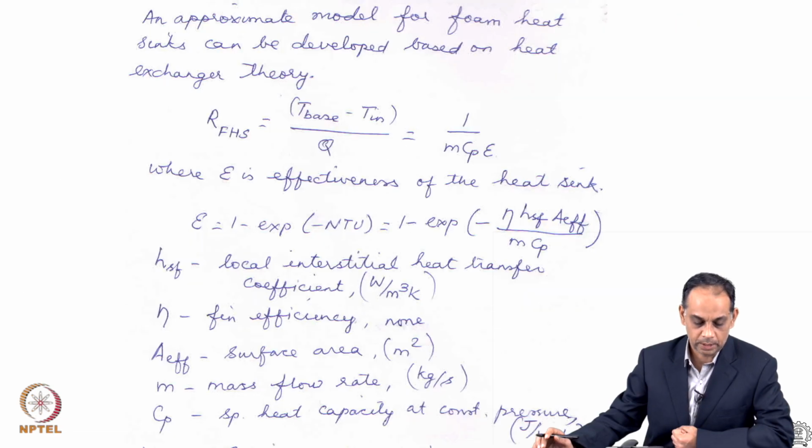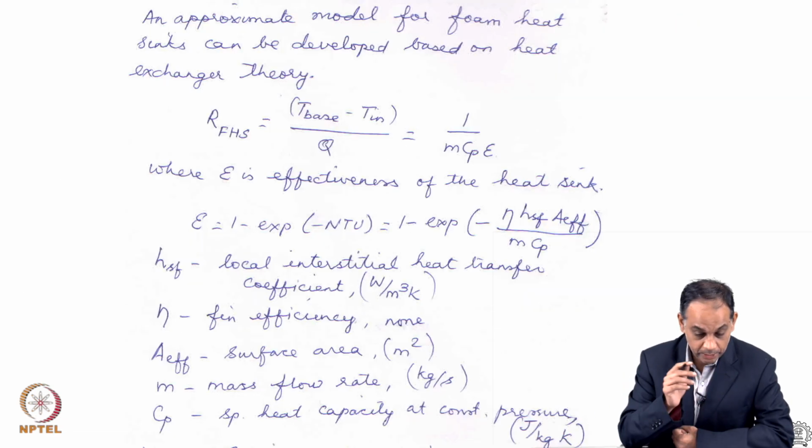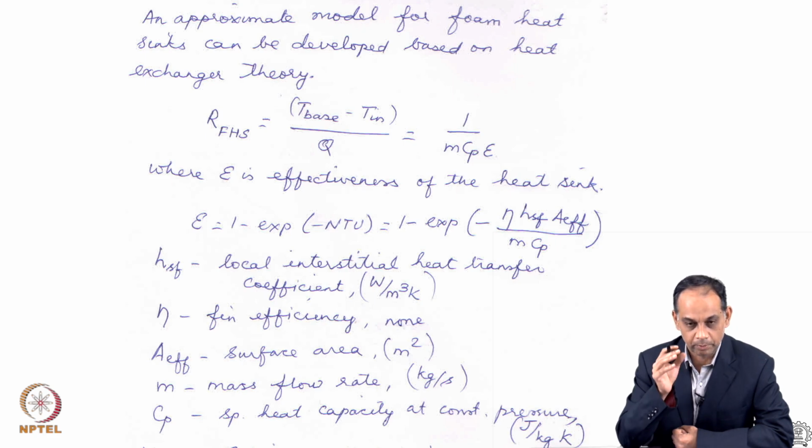So as we discussed, we are going to make an approximate model. These are not meant to be accurate, they are meant to be approximate models that work within 10 to 20% of the measured pressure drop and experimental heat transfer rate that can be predicted using simple models.